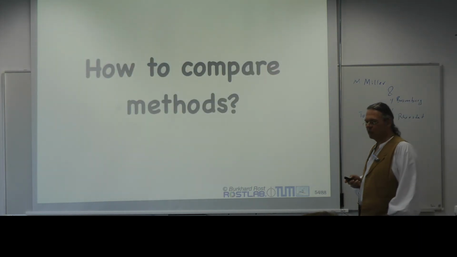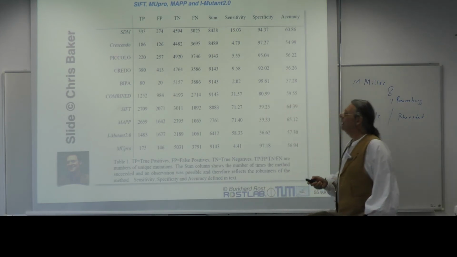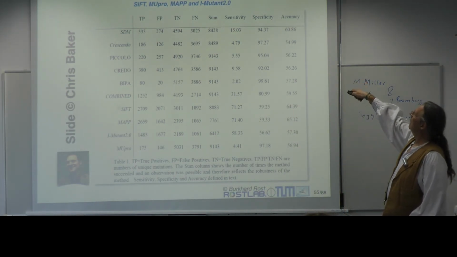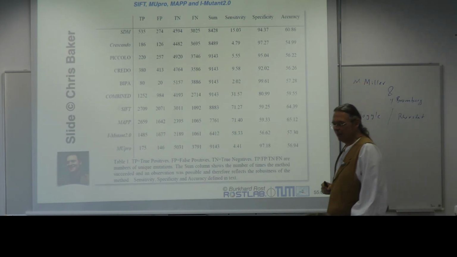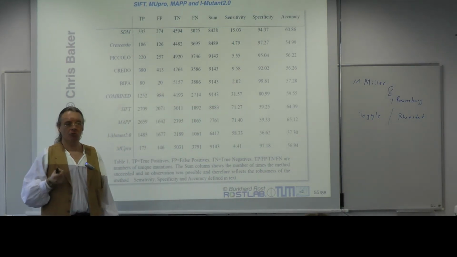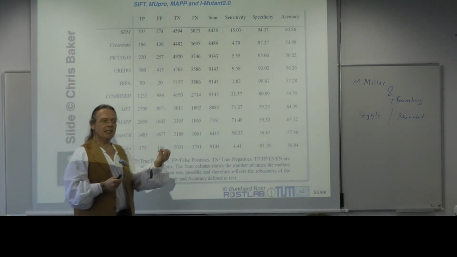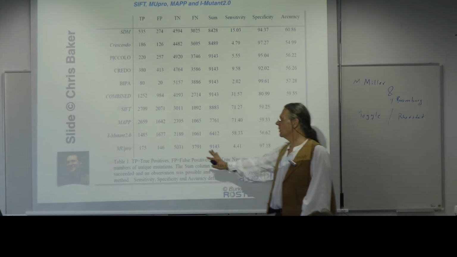Anyway, that brings us back to the question, how do we compare methods? You may say, well, we simply show a variety of criteria for being right, and then you get a table like that. And technically that table is right. What is the problem again is what I said before. We have a tiny data set that reflects the entire universe of things, and this is a too small subset.